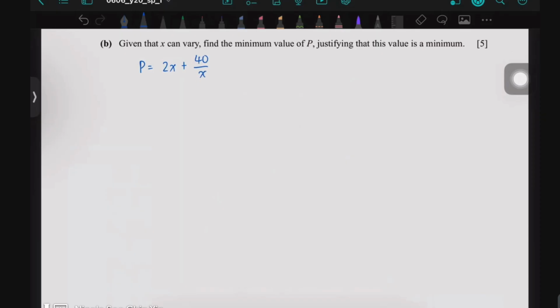They say find the minimum value of P. The moment they say it that way, basically what they want is to find the second derivative, d squared P over dx squared. First we need to find the first differentiation, dP over dx. From here, we will get 2 minus 40 over x squared.